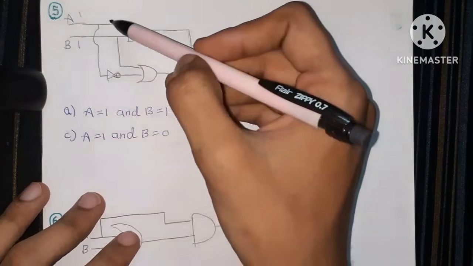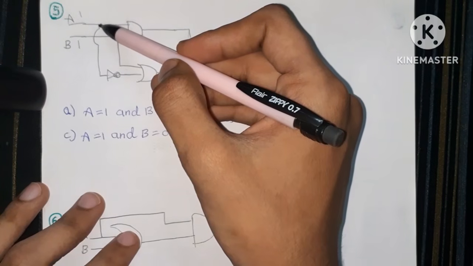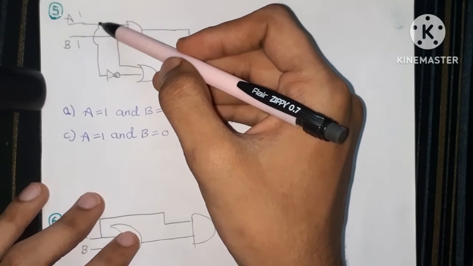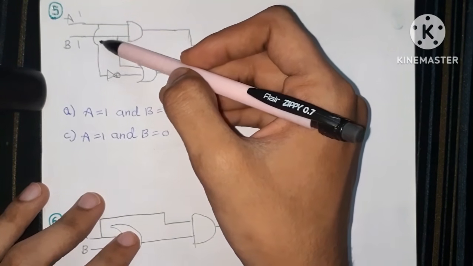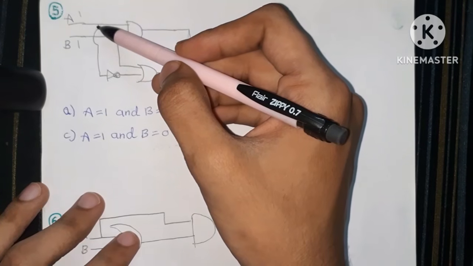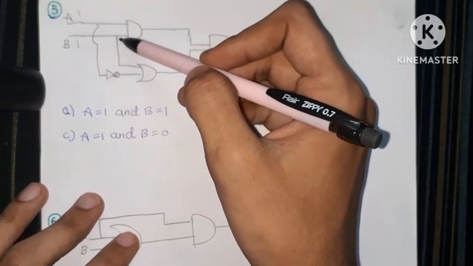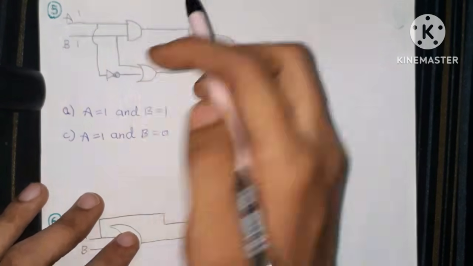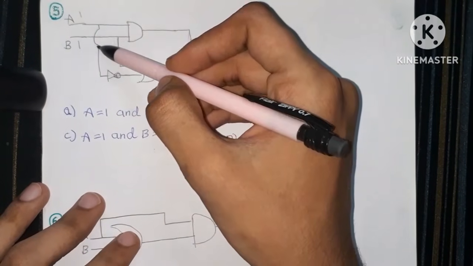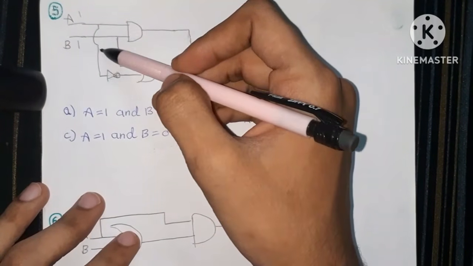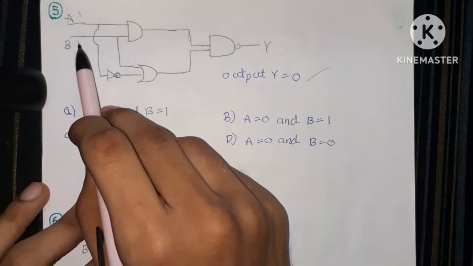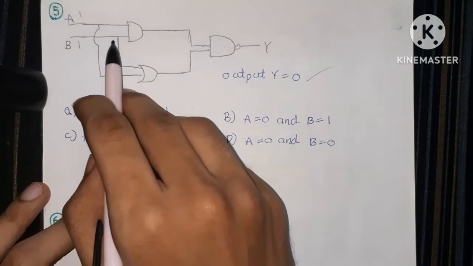Next, 1 is also going like this. Observe this. The signal is jumping over this wire. The signal is jumping over the B wire. This is called a signal jump. This is going, forget about this line.